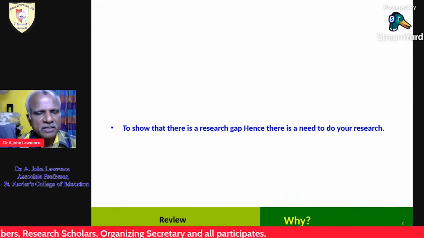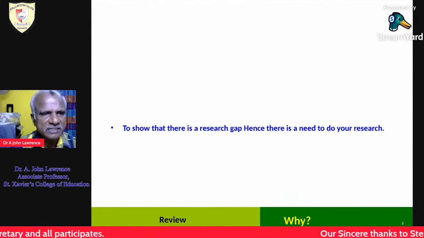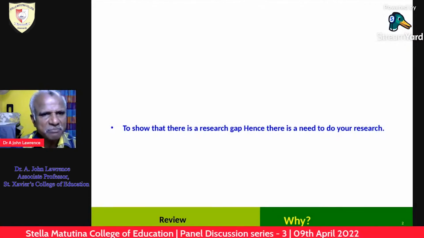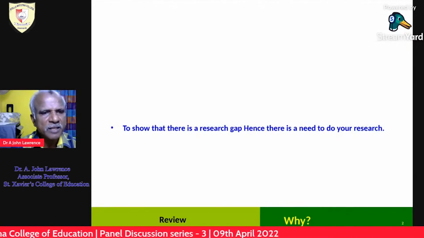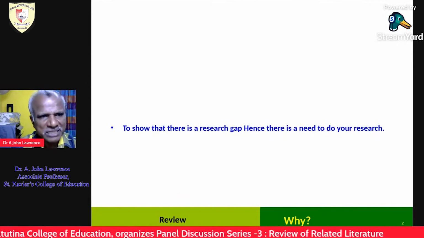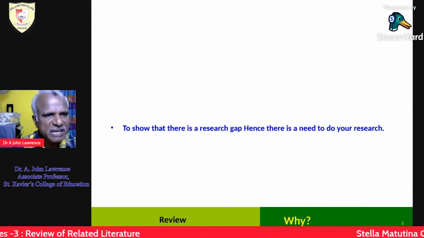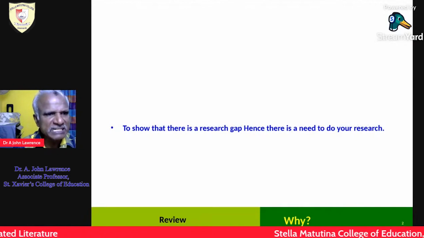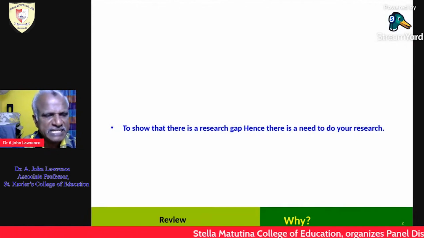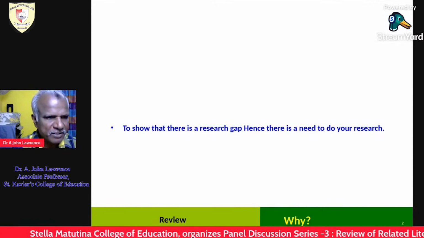Then, the next need for doing the review is this. In any research, there will be a research gap. What is a research gap? In doing any research, all the aspects that you intend to find out may not be possible to research. Something may not be done, or purposely or intentionally excluded, and this would be given in limitations.